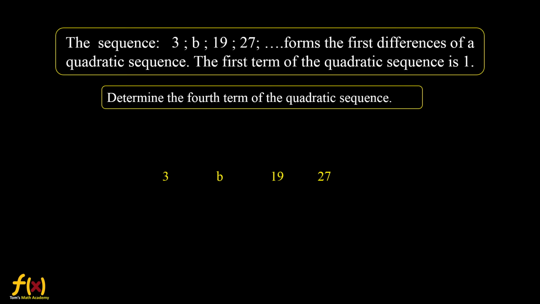That is the purpose of this video. So 27 minus 19 gives us the second difference, that is 8. And this is a quadratic sequence. So second differences must be same number. We have another 8. How do we get 8?